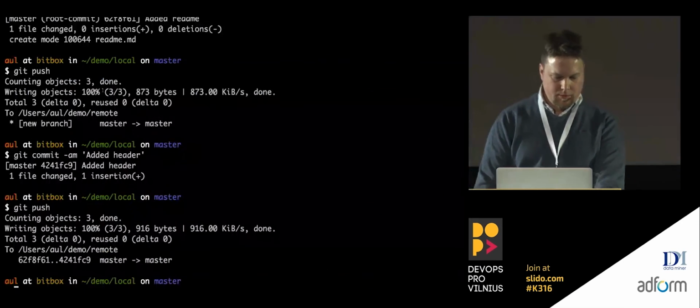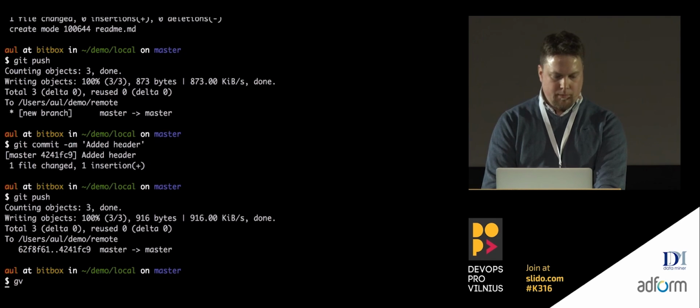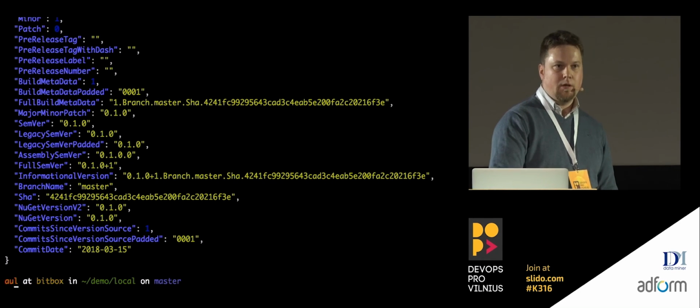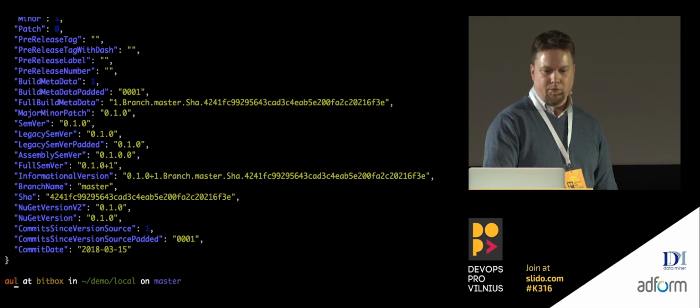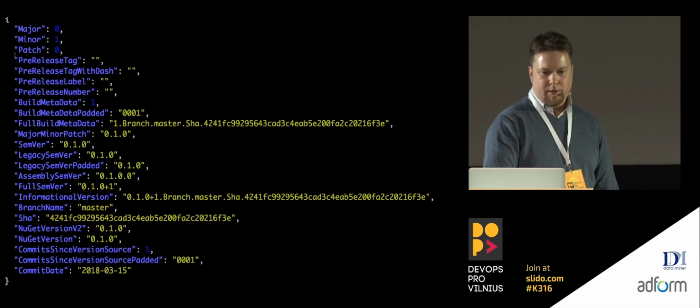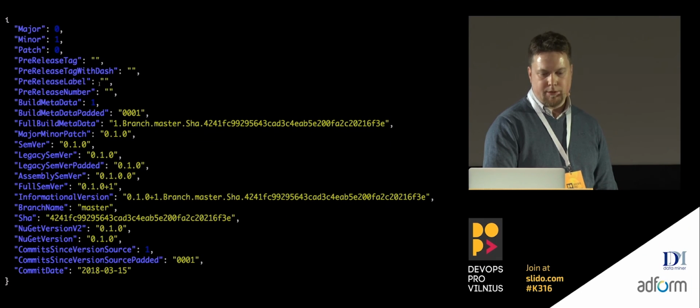And what we're going to do next is add Cake, but before that I just want to show what GitVersion does. It provides our repository with a version number, and since we're now on the master branch, we do not have any pre-release information here, and you're going to see why that's useful later.